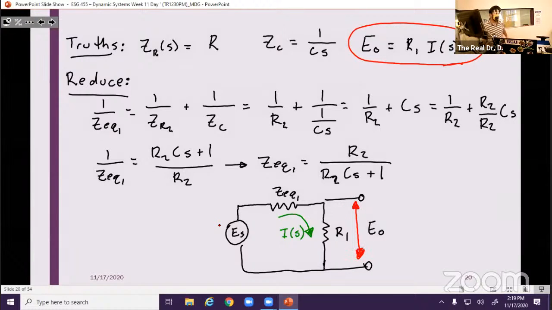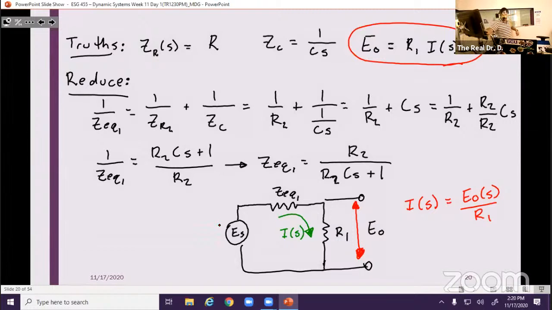We know this voltage drop. We know that voltage drop. So if we know that voltage drop, it has to be proportional between R1 and I sub S. We can rewrite this and say that I sub S is equal to E out over R1, right?